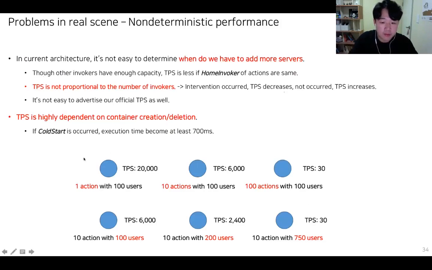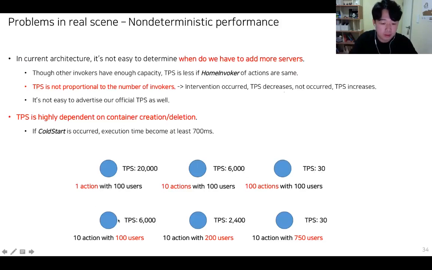Actually, this data is from my benchmark result. When I did the benchmark with 1 action and 100 virtual users, I got about 20K TPS. But when I used 10 actions, I got only 6,000 TPS. And when I used 100 actions, I got only 30 TPS.